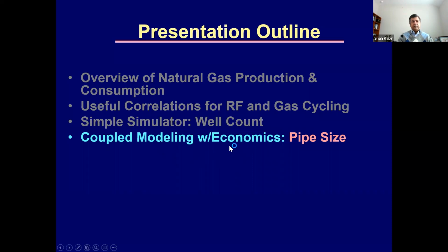And at the end of the day, we included economics. The idea is how do you design your flow line? To put it simple, what should be the pipe diameter of the flow line, given the uncertainties in different reservoirs that we'll be targeting and the flow rates?